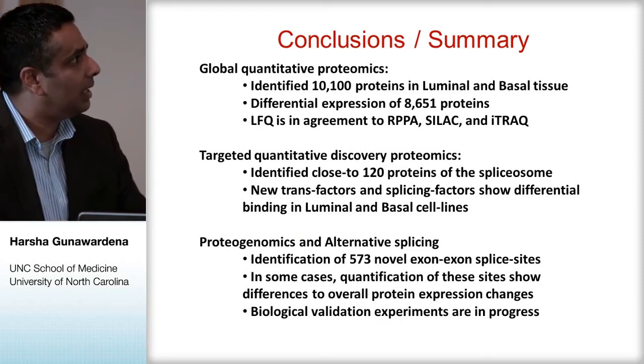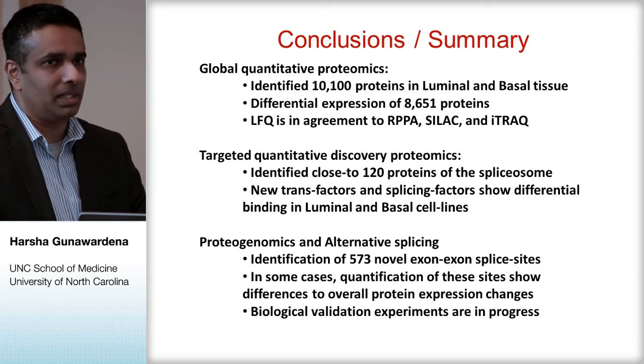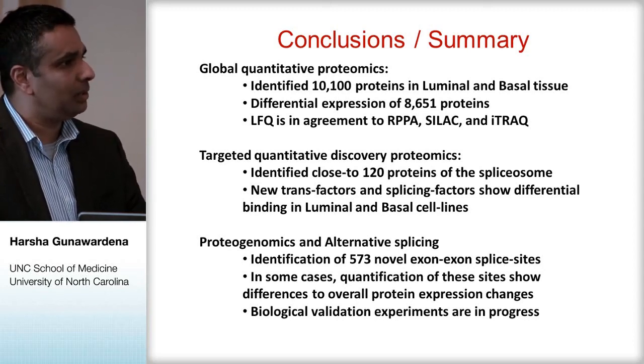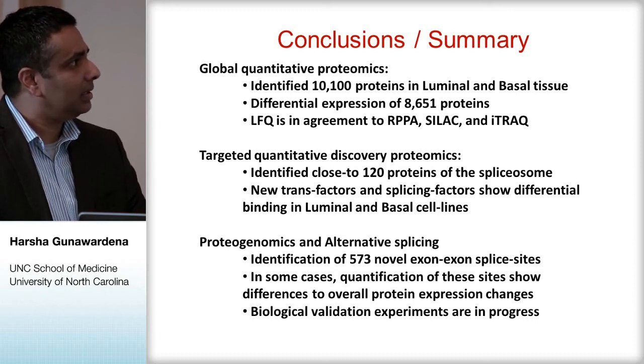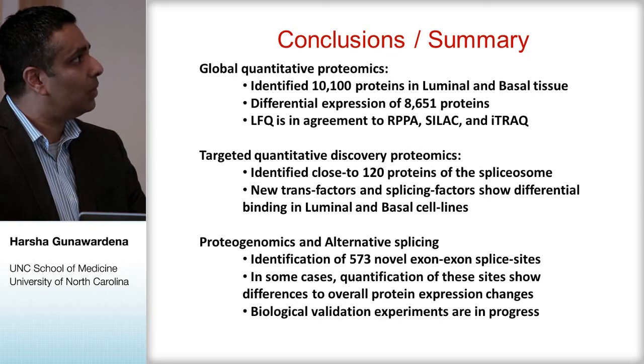quantitative proteomics. We've identified a large number of proteins. This is really important because if you're doing proteogenomics, you need to have good data sets to look at things that are low and things that cannot be assigned to the conventional UniProt databases. Differential expression ratios are 8,500 or more.